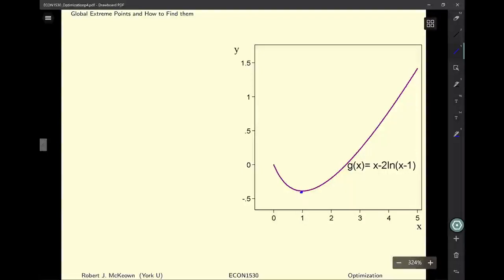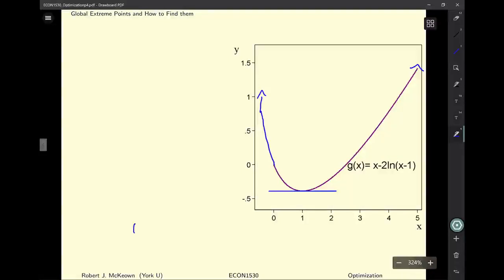I can draw a tangent line here, like so. And this thing actually is asymptotic around x equal to -1. It always has to be that x is greater than -1 because the logarithm of 0 has no solution. And it has no maximum. It just keeps getting bigger and bigger.